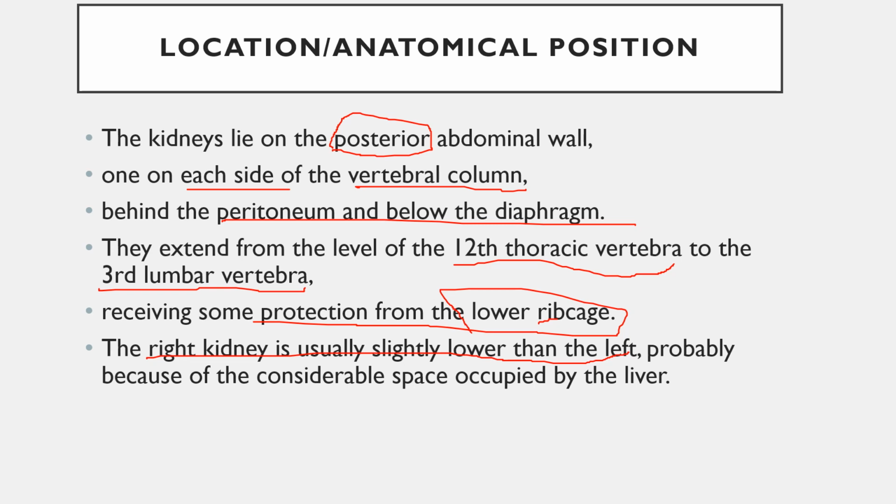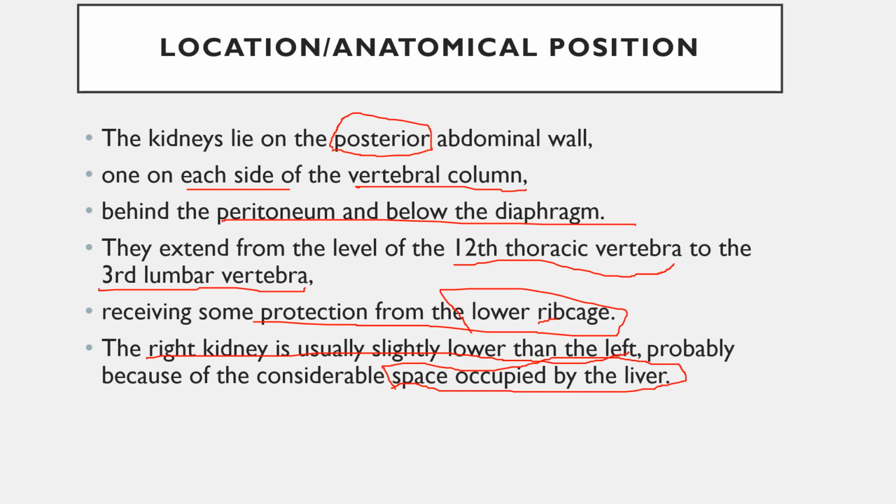Why is it like that? It is because of the space occupied by the liver. You need to know that the liver is the biggest organ of the human body. It's heavy, and it also covers most of the abdomen on the diaphragm side.